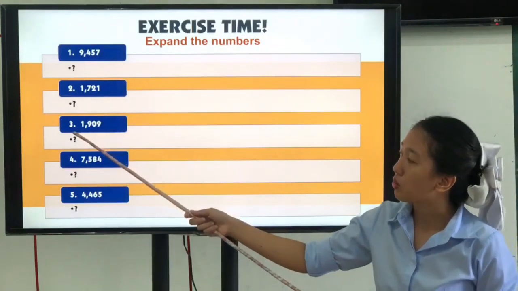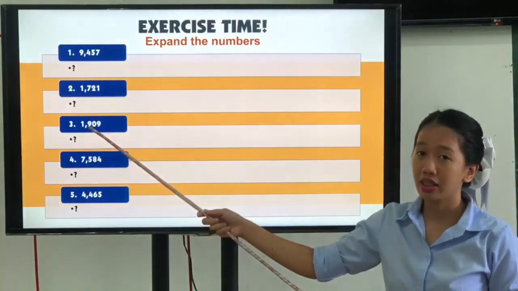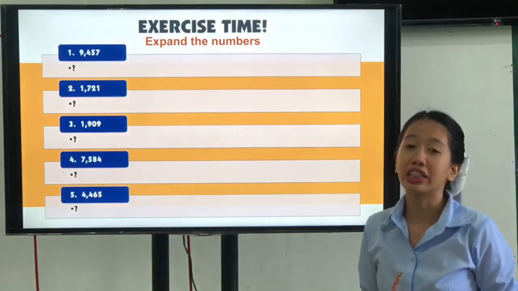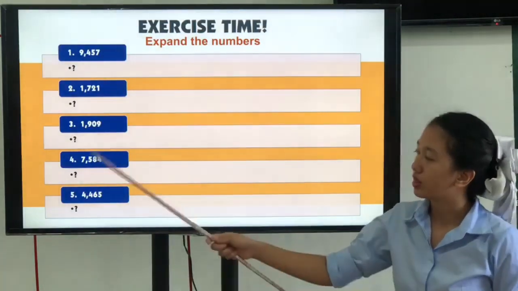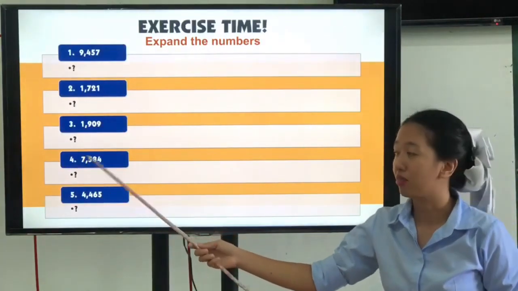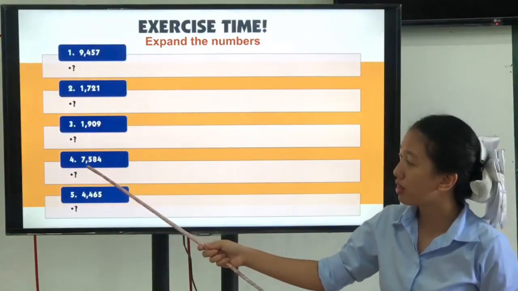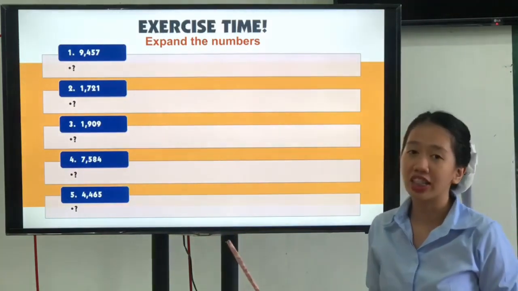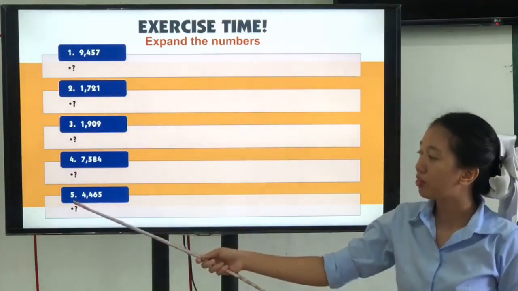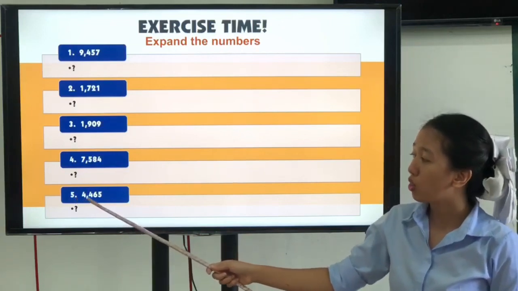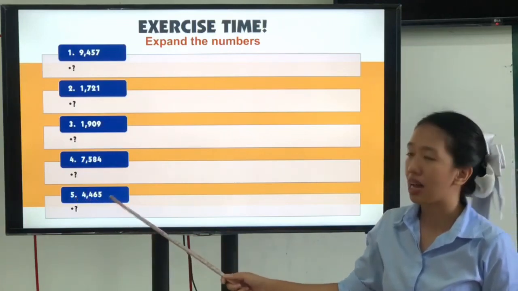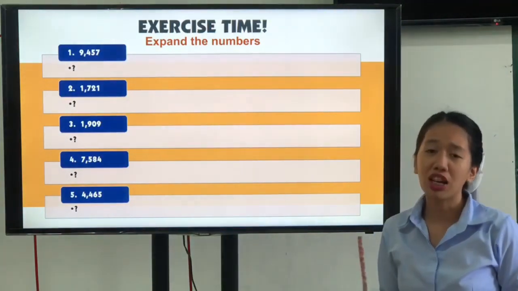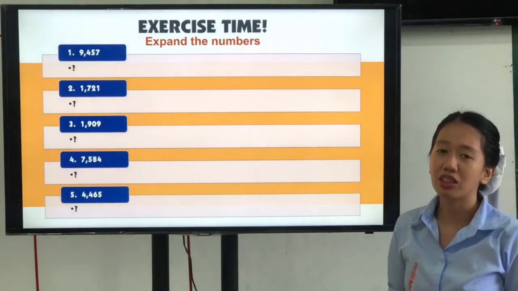Number 3, we have 1, 9, 0, 9 or 1,909. Number 4, we have 7, 5, 8, 4 or 7,584. And number 5, we have 4, 4, 6, 5 or 4,465. I give you 5 minutes to answer.